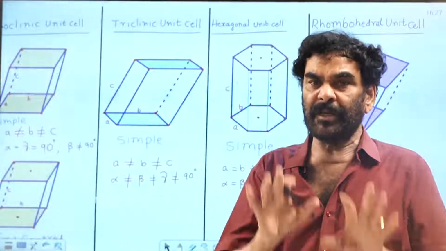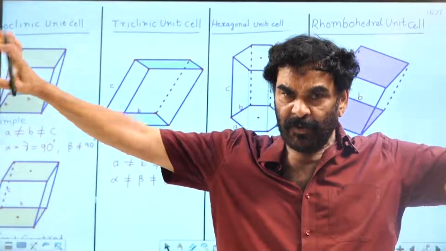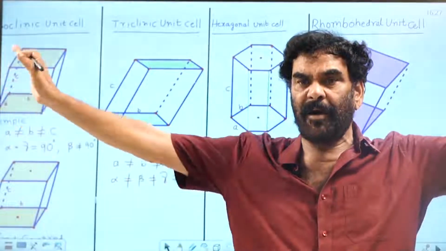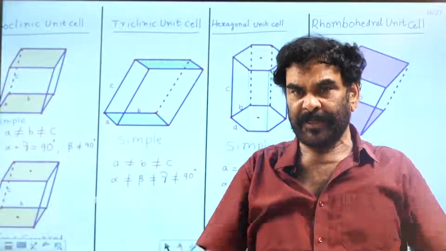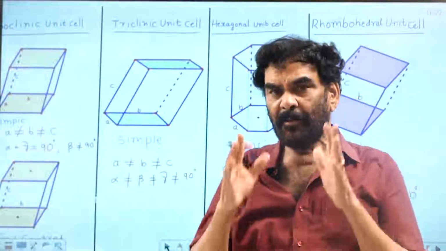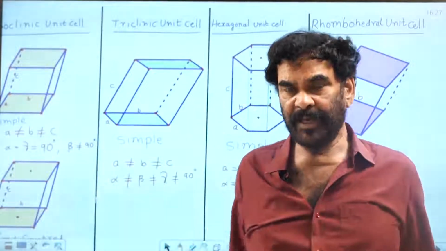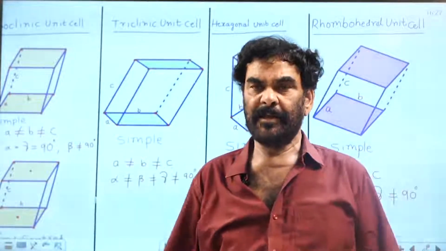In combination, the unit cells are classified into 14 types, and only 14 types exist. All the crystals are formed due to the combination of these 14 types, called the Bravais unit cells. Bravais, B-R-A-V-A-I-S, Bravais unit cells.